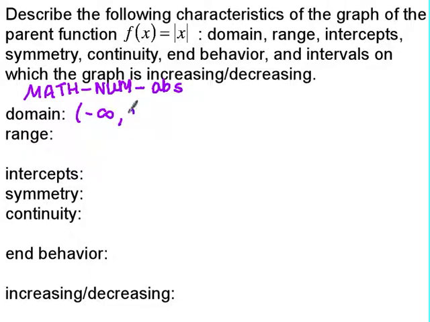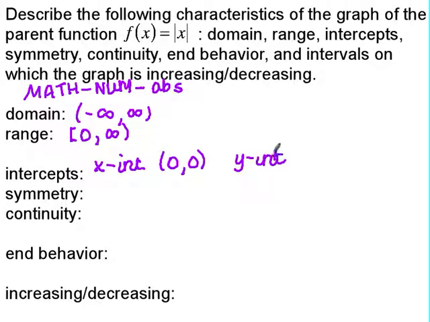To positive infinity, because I'm just going to use all the x values. See, I'm going left to right. What about the range? What's my lowest value? 0, do I include it? So 0 to infinity. Intercepts. Yep. So I've got an x-intercept at (0, 0). I've also got a y-intercept at (0, 0).